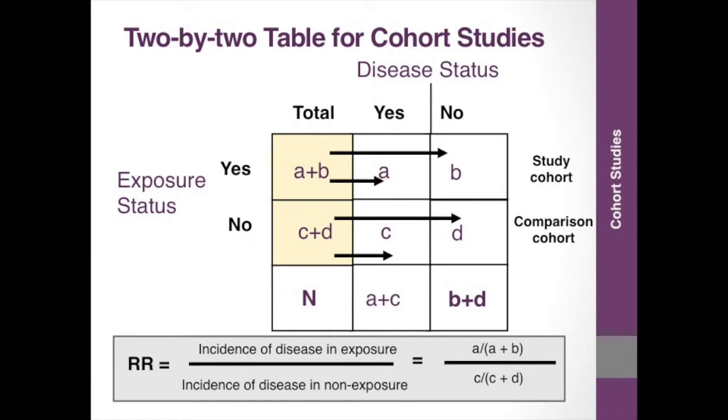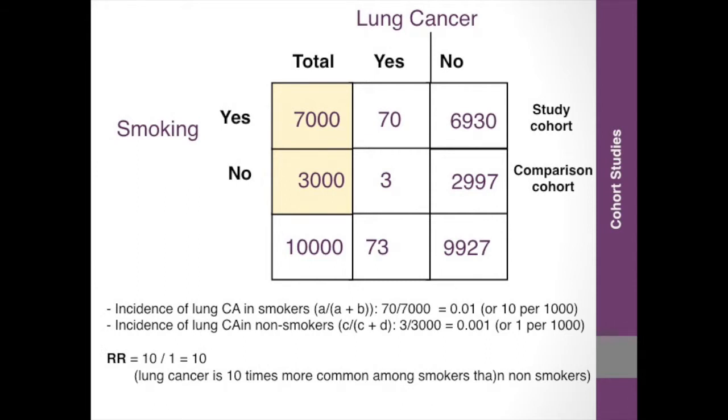One way to avoid confusion is to always set up the 2 by 2 tables in the same way, for example, putting the exposure in the rows and the outcome data in the columns. Let's take a look at this 2 by 2 data from a cohort study assessing whether smoking increased the risk of developing lung cancer.